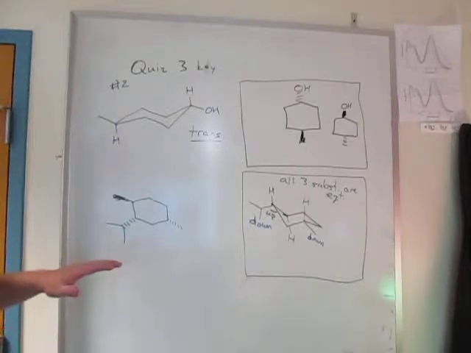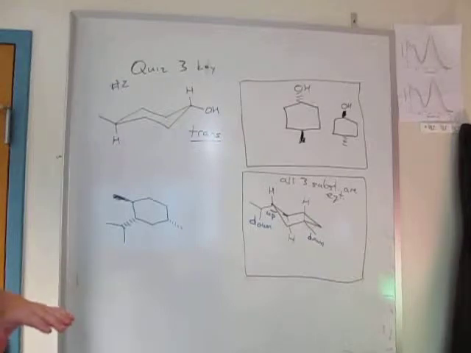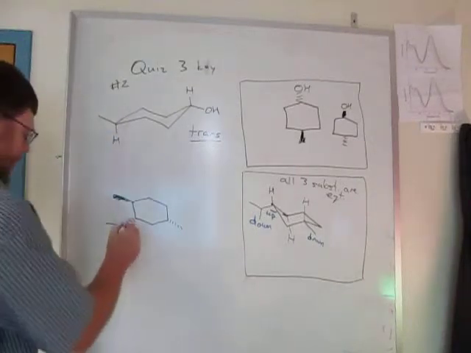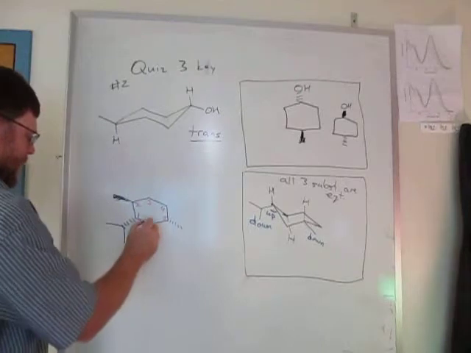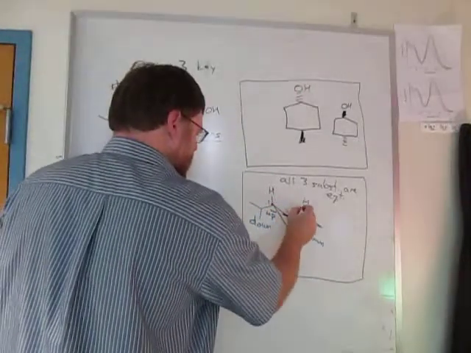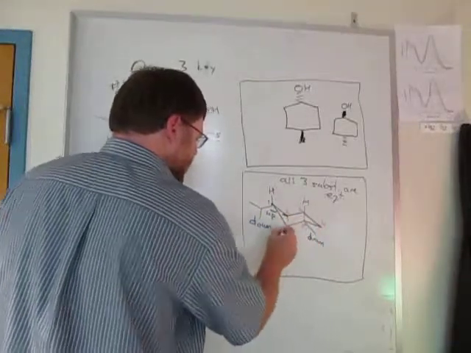Every substituent will be axial in one chair, equatorial in the other chair. What doesn't change is the up-down relationship. So if we number these, let's go ahead and number the atoms. 1, 2, 3, 4, 5, 6. 1, 2, 3, 4, 5, 6.